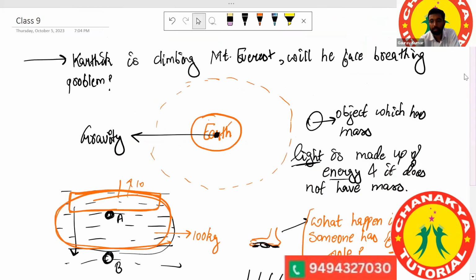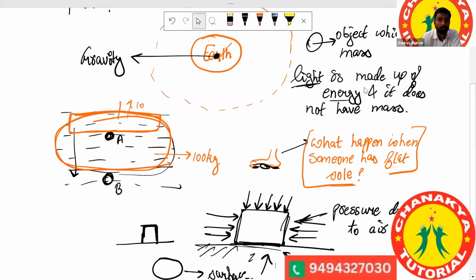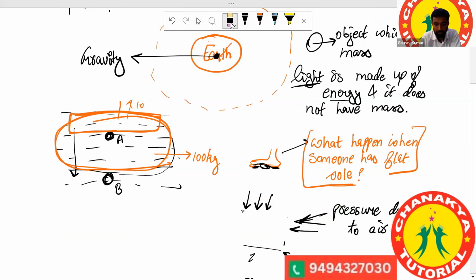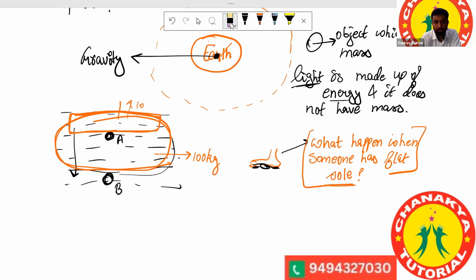So we were talking about pressure, how pressure increases with depth. Like I've told you, the pressure on B will be more than the pressure on A. Does anyone have any doubt regarding this? If anyone has a doubt, I will explain it again with a different example.